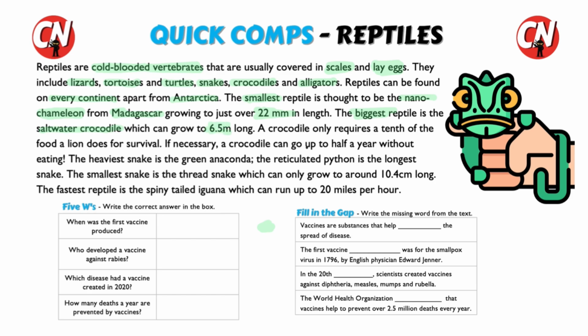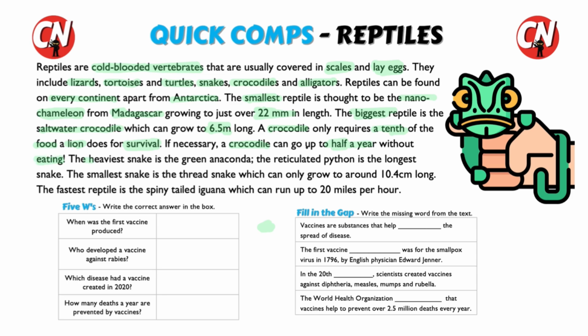Again, just names, numbers, unknown vocabulary. A crocodile only requires, here's a fraction, so a number, a tenth of the food a lion does for survival. I want to highlight survival. If necessary, a crocodile, so again, be aware, we're talking about crocodiles a lot, can go up to half, a fraction, a year without eating, a verb.